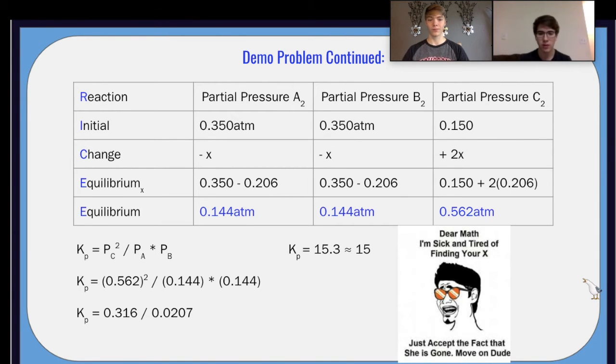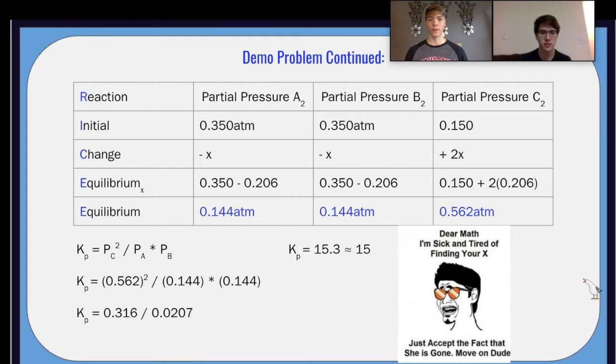We then can plug x back into the equilibrium expressions for these concentrations, and we can find that the partial pressure of A at equilibrium would be 0.144 atmospheres, and that'd be the same for B. And we find that the partial pressure for C at equilibrium would be 0.562 atmospheres. Now, it's always good to double check that your answer is correct.